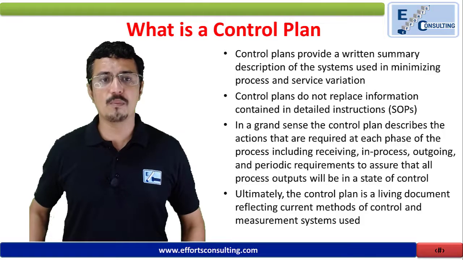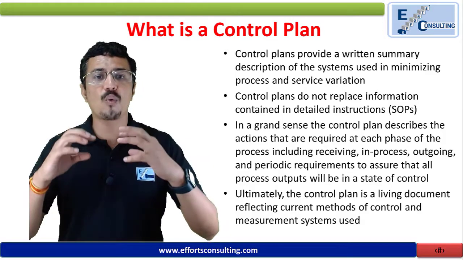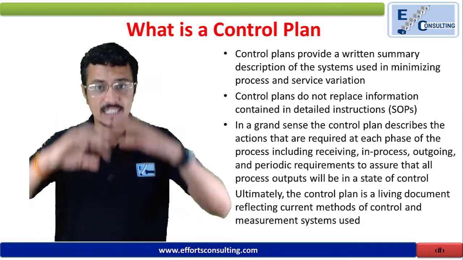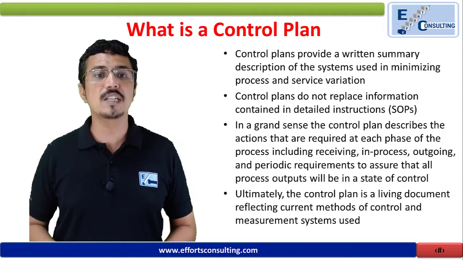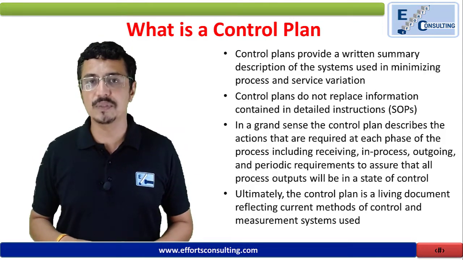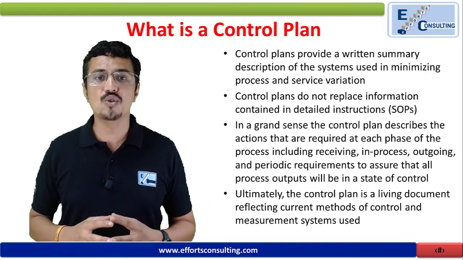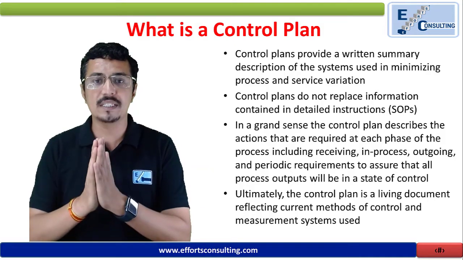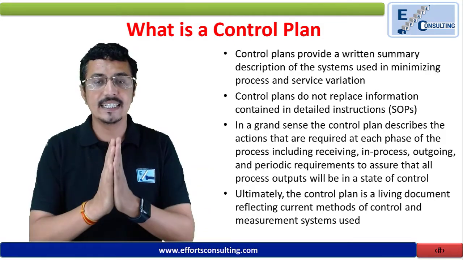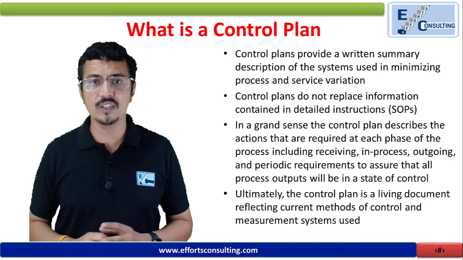Understand what a control plan is. Control plans provide a written summary or description of the system used in minimizing process and service variation. Control plans do not replace information contained in detailed instructions. They do not replace your SOPs.